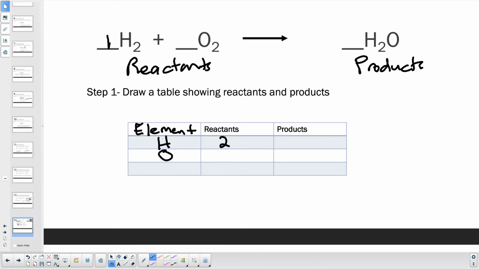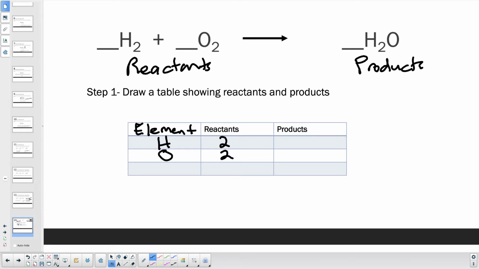And so we simply have 2 hydrogens, because 2 times 1 is 2. So we're going to take away that coefficient, because we don't want to keep that like that. So how many oxygens are on the reactant side? You figure it out. All right, we've got 2.